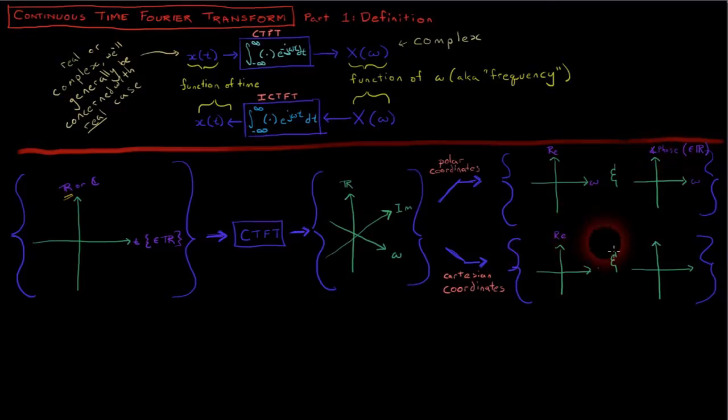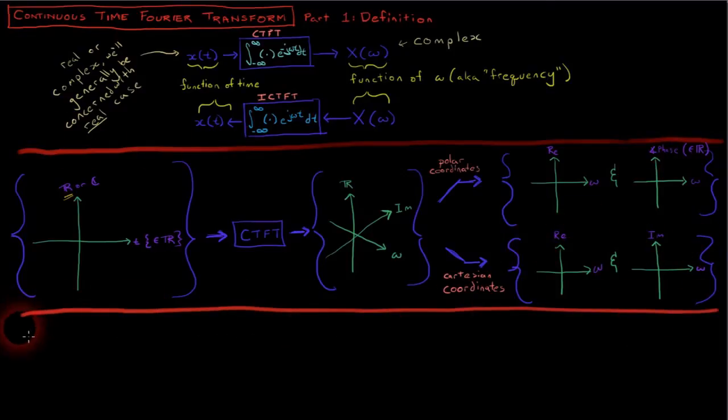As we proceed, recall the definition of the complex exponential. When we describe a complex exponential, z equals r e to the j theta in polar coordinates, we say that the absolute value of z is equal to r, and that the phase of z is equal to theta.